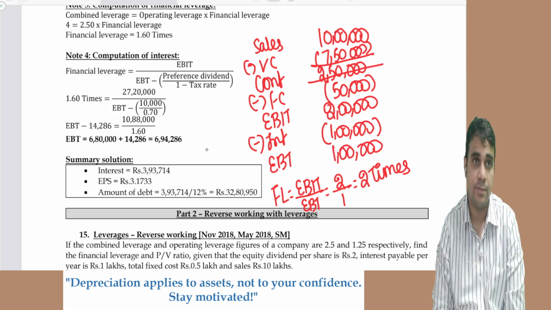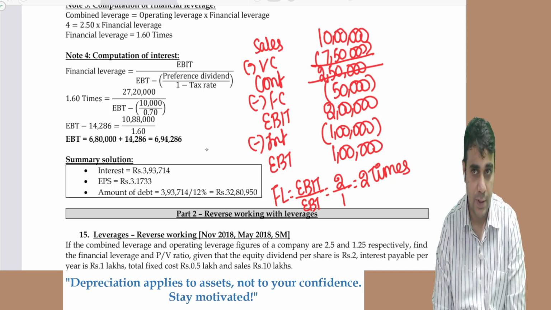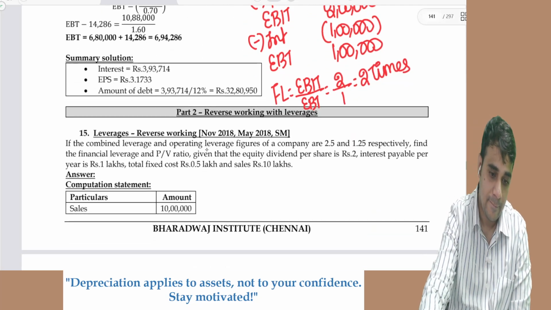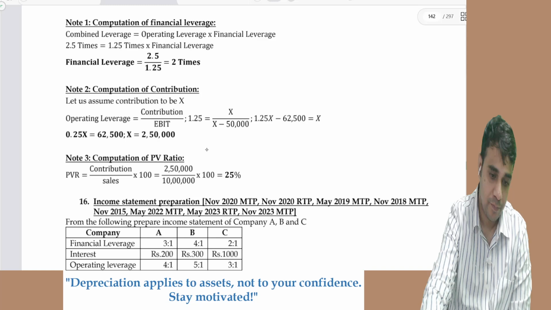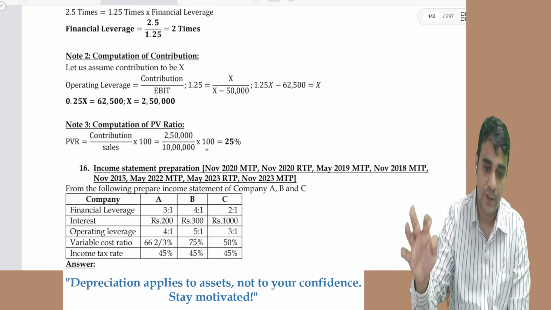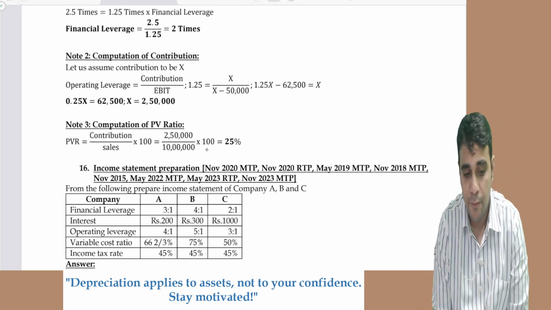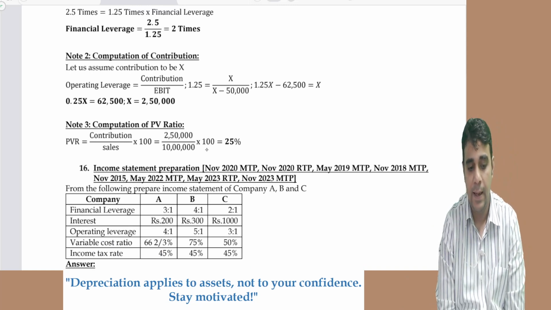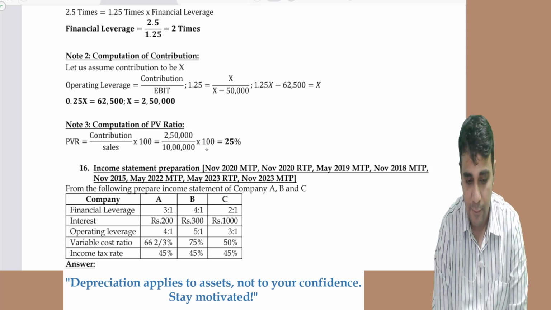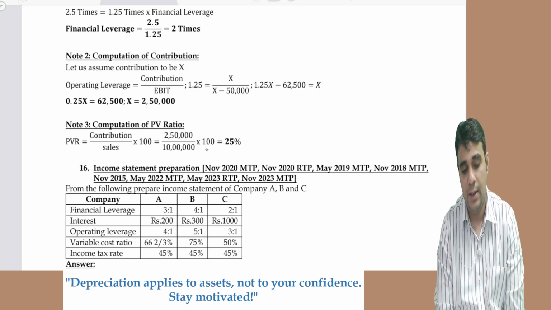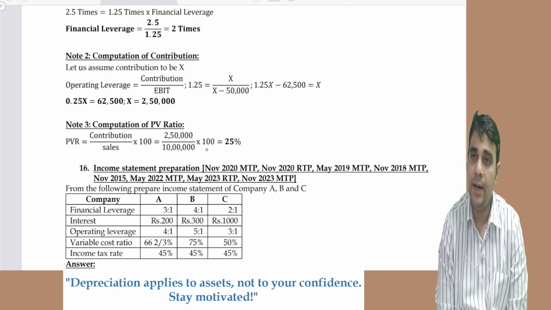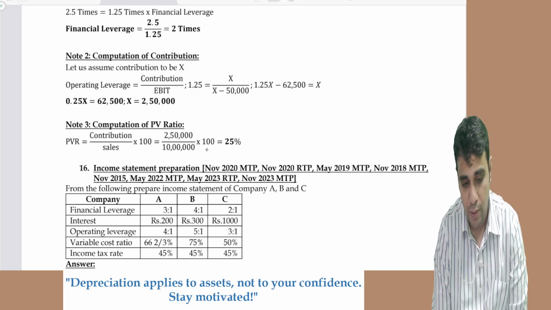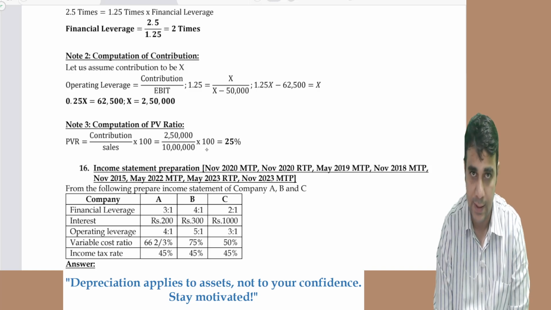Any doubts on this? Can we proceed? Let's come to 16. From the following, prepare income statement of A, B, and C. Financial leverage is given, interest is given, operating leverage is given, variable cost ratio is given, income tax rate has been given.